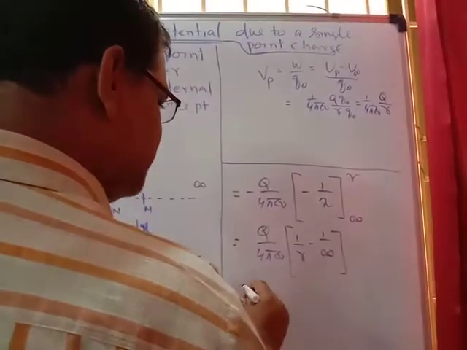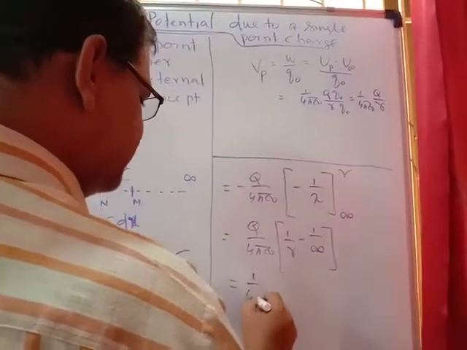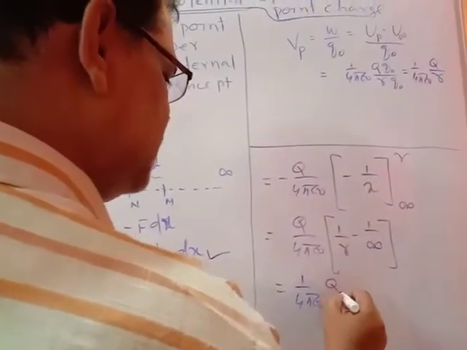So this will be equal to 1 upon 4 pi epsilon naught Q upon R.